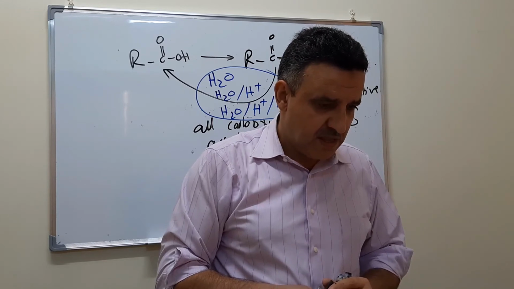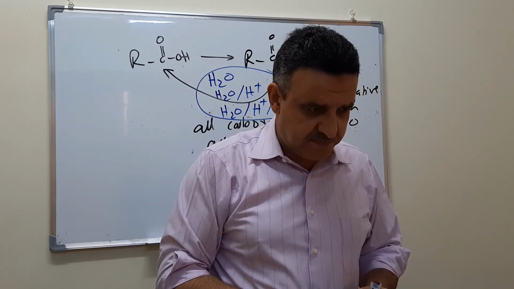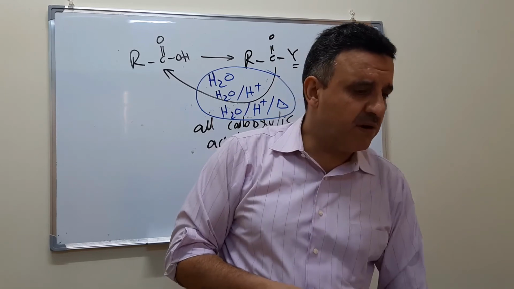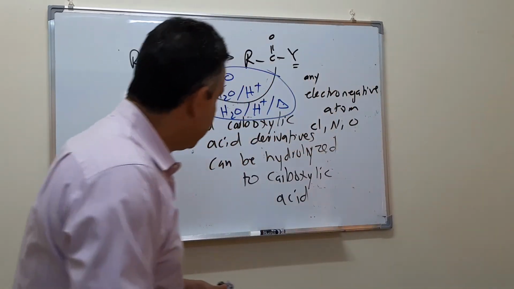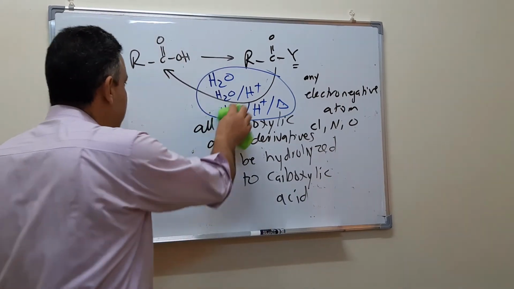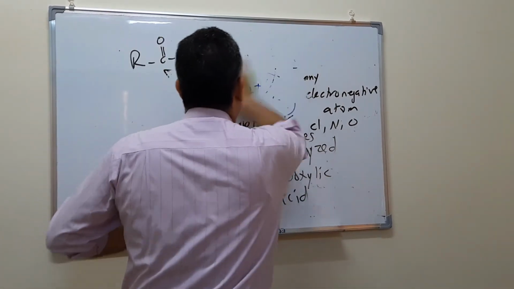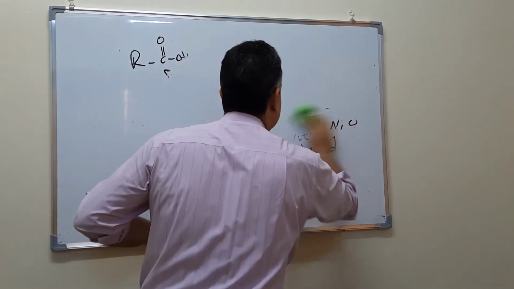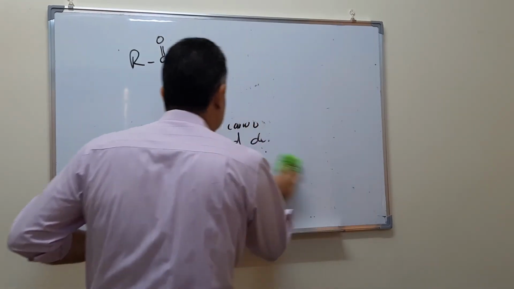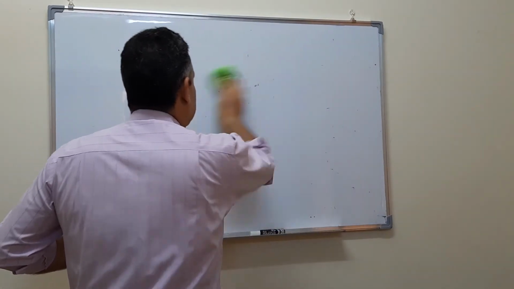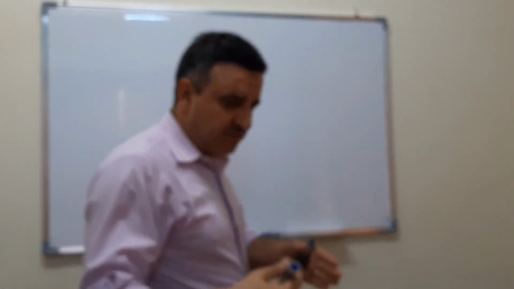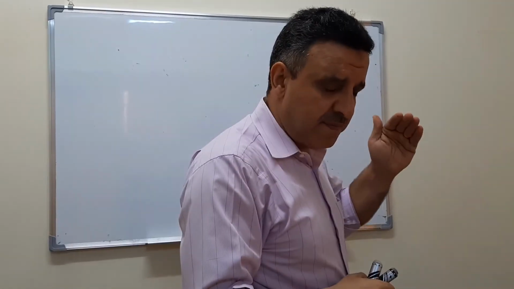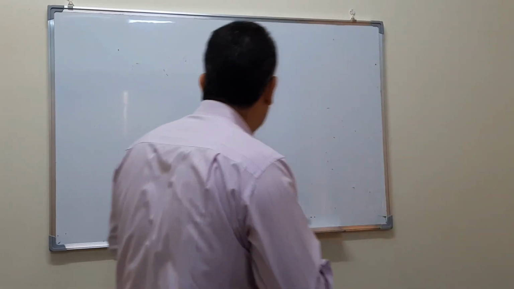All right. Now, for the conversion of acid derivatives to each other, as you have in the slide, carboxylic acid derivatives can be converted into each other by certain reactions, but with a certain rule first. Let's order them by reactivity.